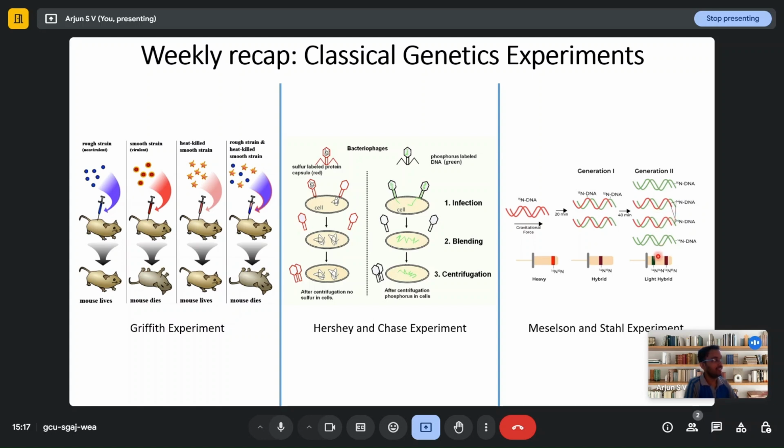And coincidentally, the proportion of this N14 N14 to N14 N15 hybrid was 1 to 1. So through this experiment, they were able to confirm and accept the semi-conservative model of DNA.